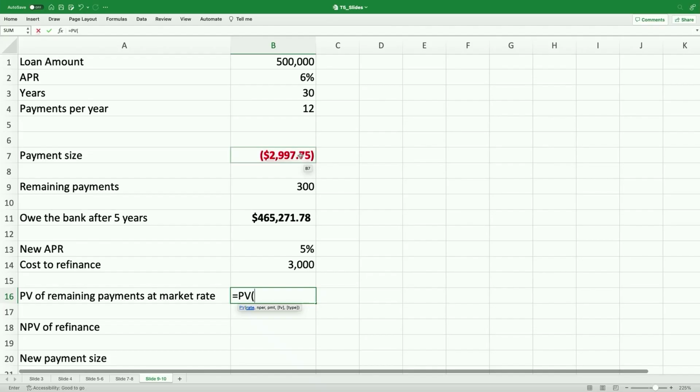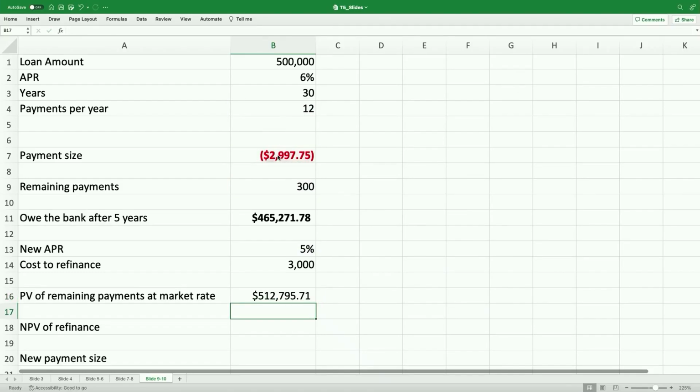How much is that worth to you? Or said another way, to figure out this overpayment, I'm going to calculate the present value of my remaining payments at this new market rate of interest, 5%. So let's do that. The market rate of interest, 5% divided by 12 times per year. The number of remaining payments is 300. Our payment size is 3,000.